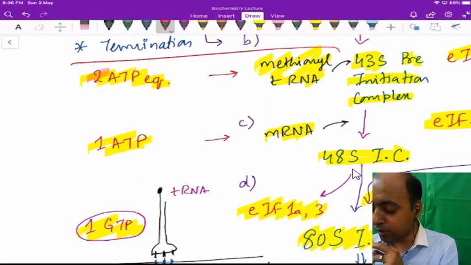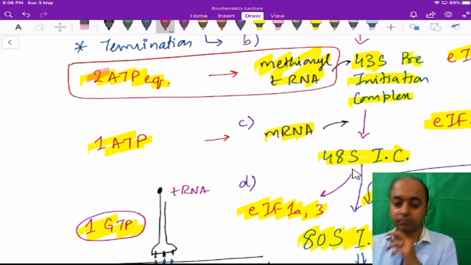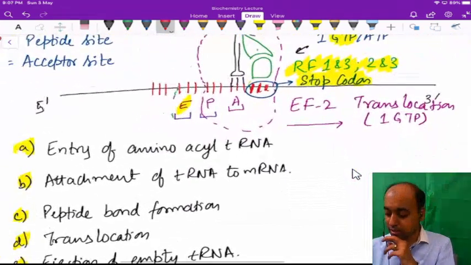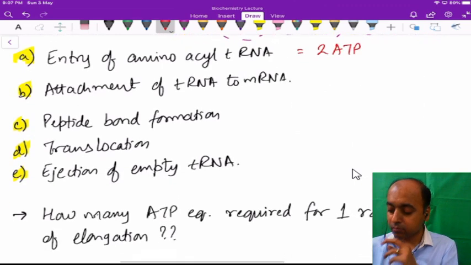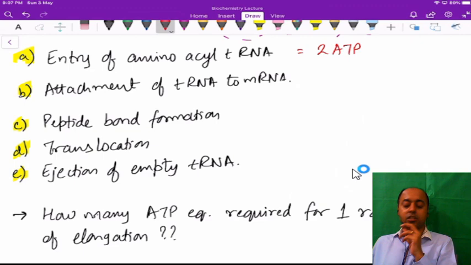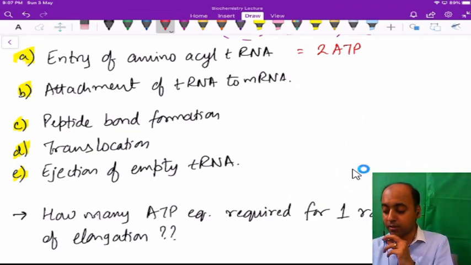Any amino acyl tRNA represents consumption of 2 ATP. This means entry of amino acyl tRNA has already consumed 2 ATP.